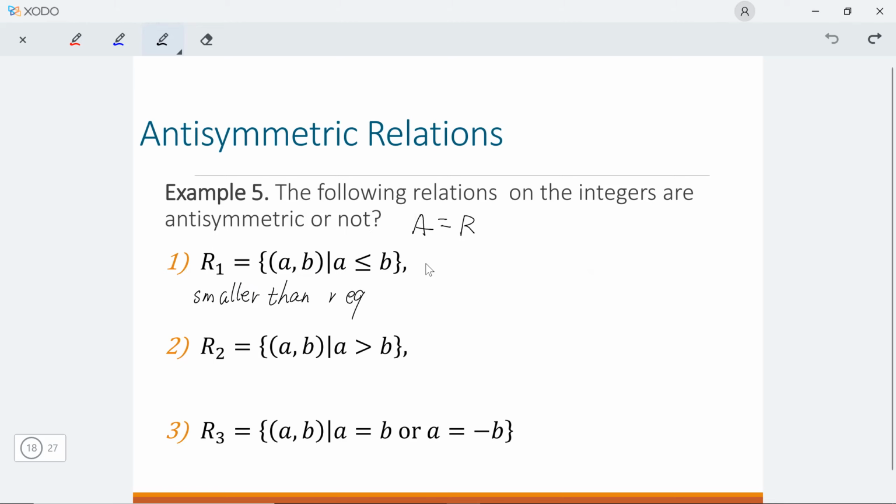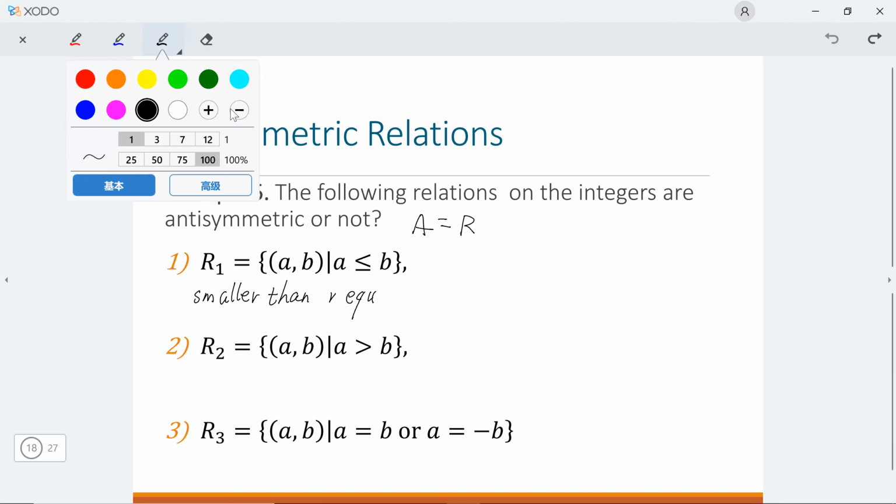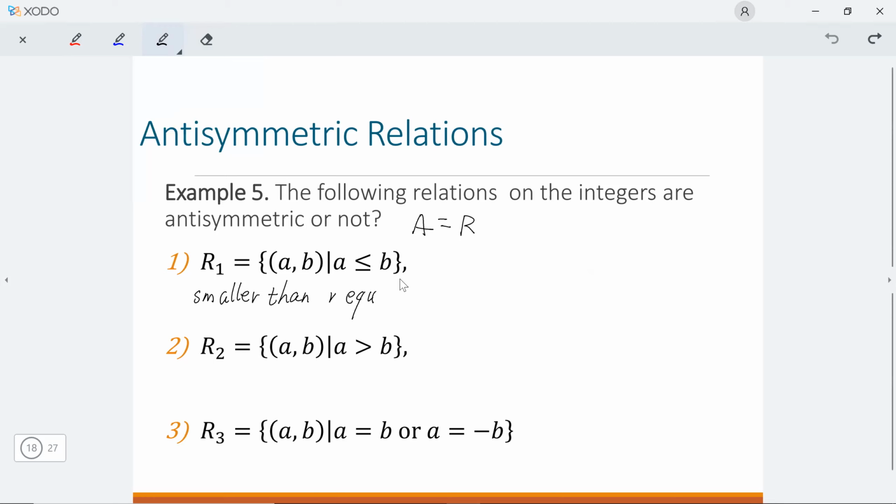Based on this, we need to find a pair (A, B) which is in this relation, and then try to find whether the flip of them, (B, A), is also in this relation or not. So let's think about what a pair (A, B) in this relation looks like.